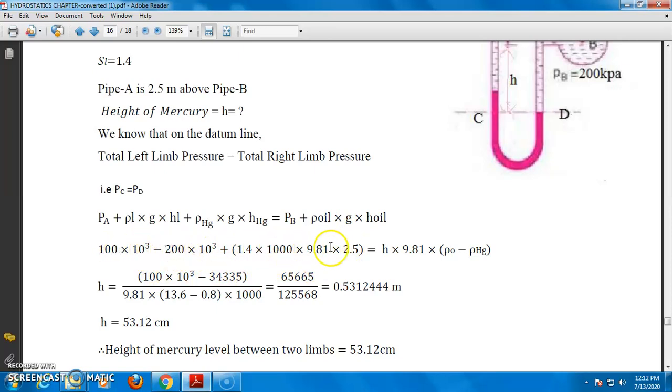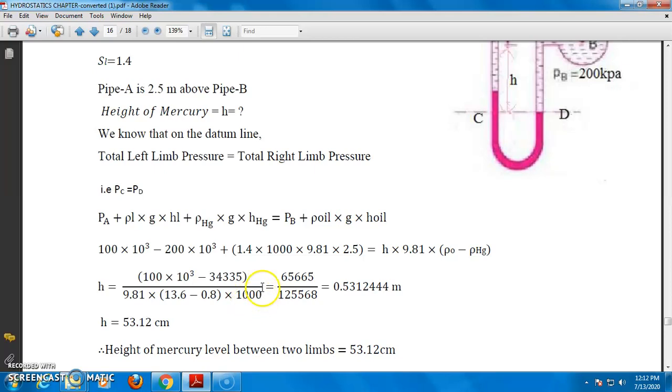If you calculate this value, you will get 34,335, divided by 9.81 into the density of that mercury minus the density of that oil, that is 0.8 into 1000. Because here you see 13.6, you are taking the specific gravity of the mercury, and here is the specific gravity of that oil. For that reason, you are converting specific gravity to density, and for that reason you are multiplying by 1000 here.